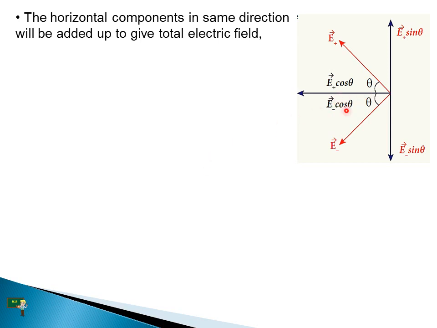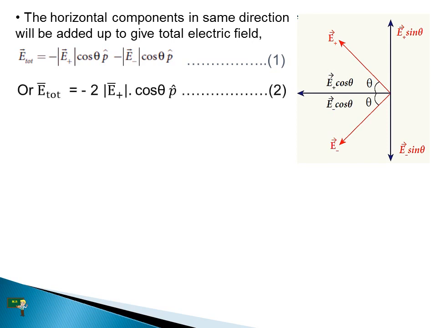This E plus cos theta and E minus cos theta are added to give the total electric field. E total is equal to minus modulus E plus cos theta P cap minus modulus E minus cos theta P cap. Therefore, E total vector is equal to minus 2 modulus of E plus vector into cos theta into P cap.